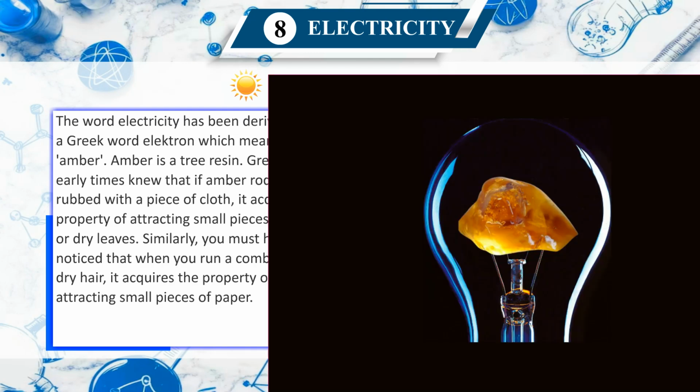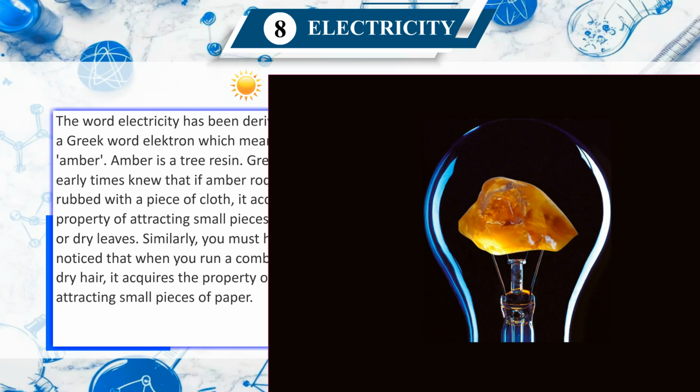The word electricity has been derived from a Greek word, electron, which means amber. Amber is a tree resin. Greeks in early times knew that if an amber rod is rubbed with a piece of cloth, it acquires the property of attracting small pieces of paper or dry leaves.